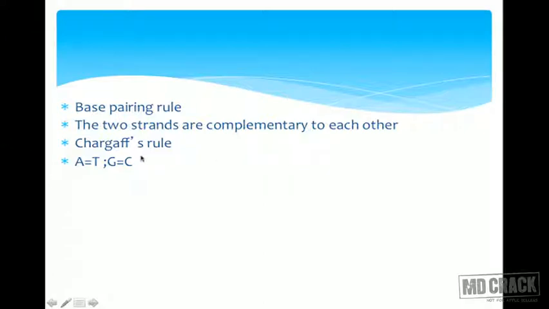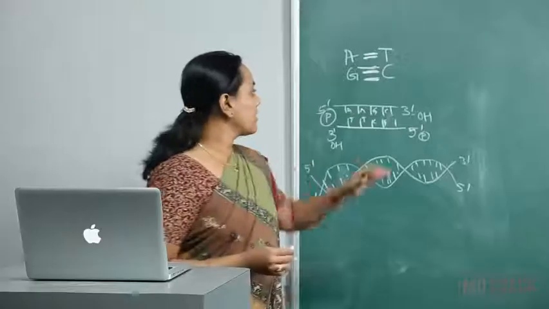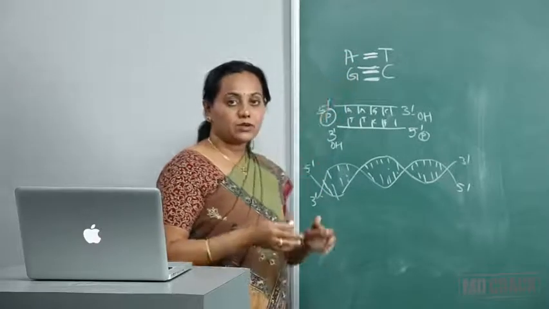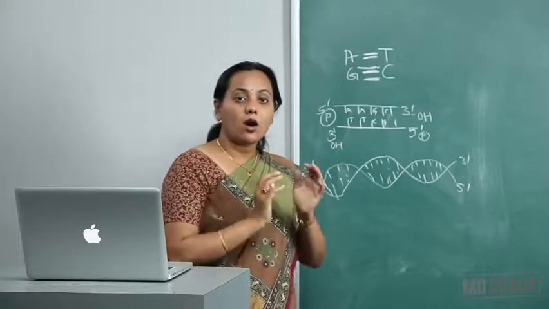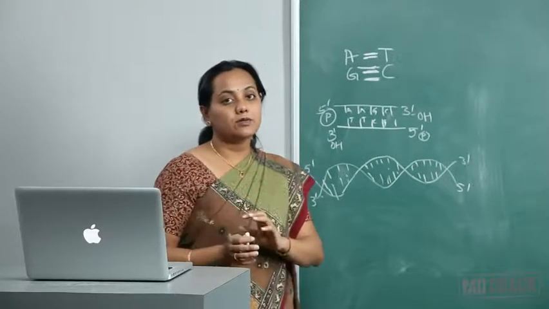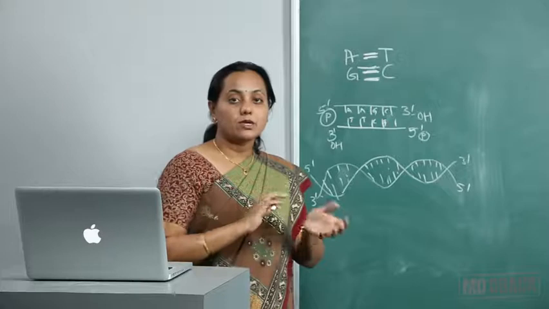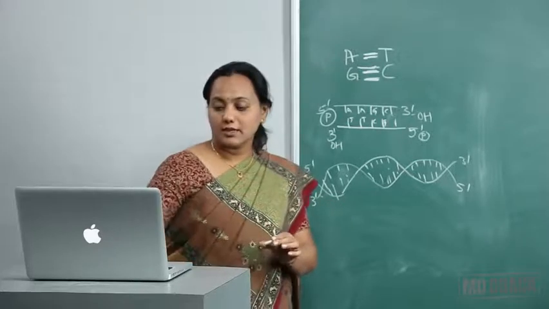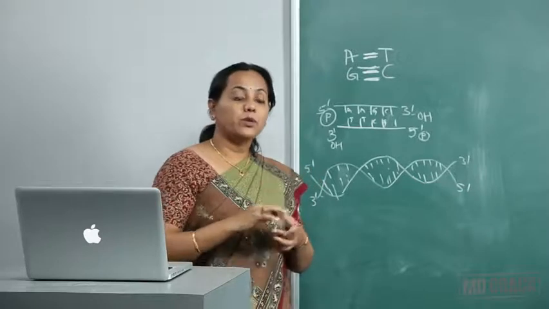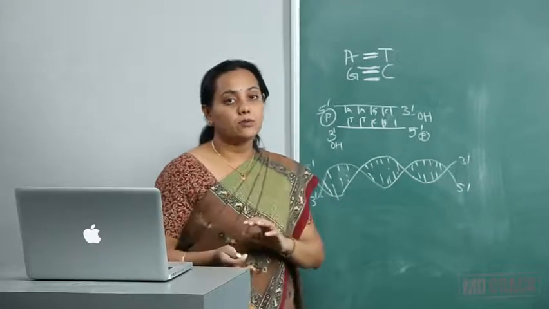Chargaff's rule says that the amount of A is always equal to the amount of T, and G is equal to C. Because of complementary base pairing, naturally however much adenine is there, that much thymine is going to be there. However much guanine is there, that much cytosine is also going to be there. That is one part of his rule. The other part says that the amount of purines is equal to the amount of pyrimidines.